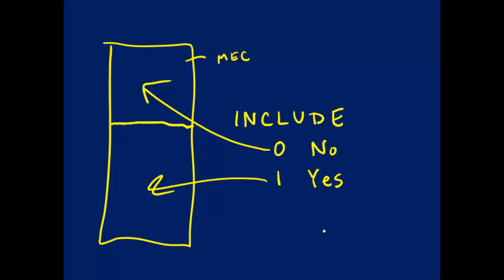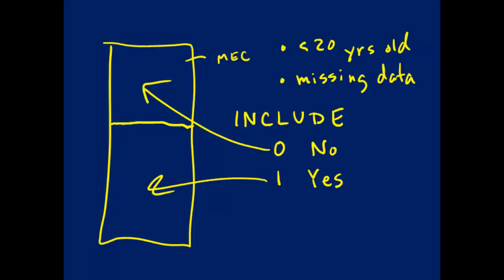So I'm going to make a couple of different exclusions of people who went to the MEC. One of them is I'm going to exclude people who are less than 20 years old. And the other exclusion I'm going to make is I'm going to exclude anybody who has missing data on any variable that's going to be included in my analysis.